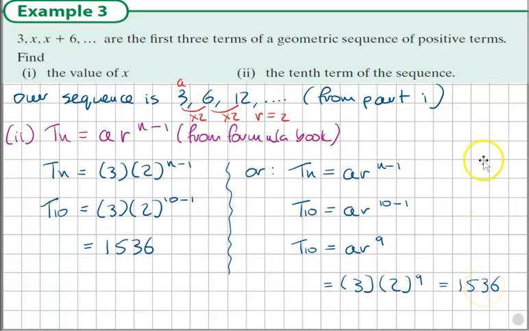So alternatively, because we're only looking for the 10th term, so it's not that long, we could start with 3, 6, 12 and keep multiplying by 2 until we have 10 terms. And you'll get to 1,536 and you'll get the exact same marks for doing it that way.